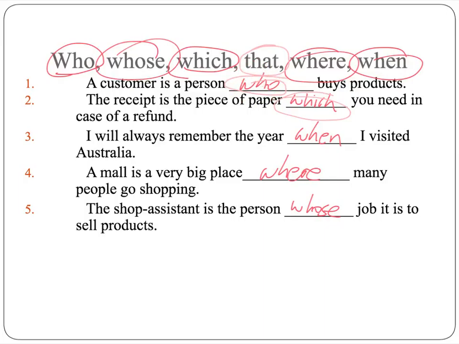And in number 2, I can also say the receipt is the piece of paper that you need in case of a refund, okay? So that is in many cases, not in all cases, but in many cases the same as which or who.